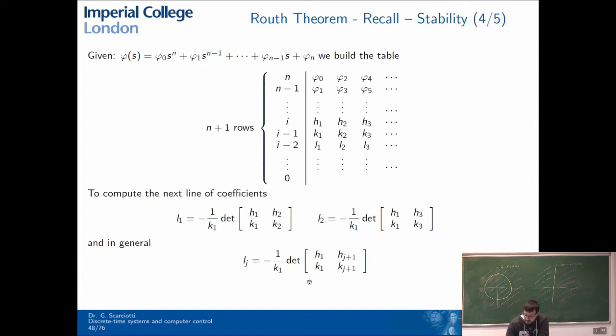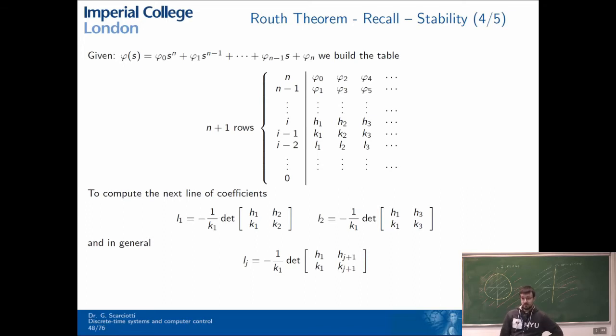So it's always the determinant of a matrix in which the first 2 elements are the first 2 elements of the previous 2 rows, and the second column corresponds to the position of the element that we want to compute plus 1, okay? So it seems weird, but it's actually quite easy to remember.